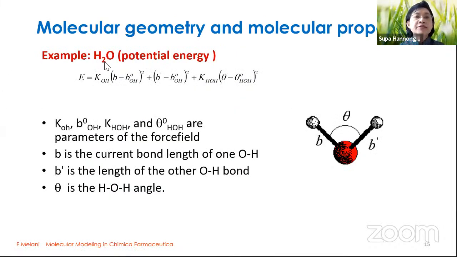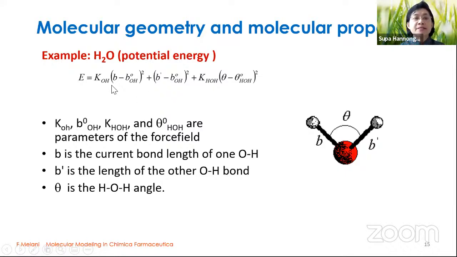And if we look at, for example, water molecules, we can express the potential energy very simply. You have 1 oxygen atom and 2 hydrogen atoms. You have 2 bonds, B and B prime, and you have the zeta angle between these stretchings, okay?